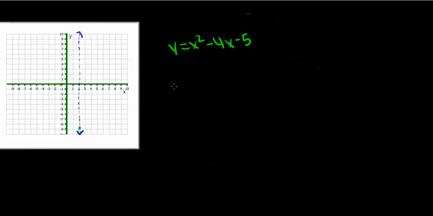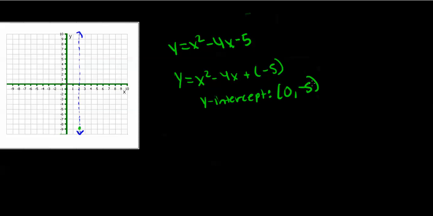We have a, which is 1, we have b, which is negative 4, and we have c, which is negative 5. C in this equation is the y-intercept. So the y-intercept is going to be negative 5. That means the graph passes through the point (0, negative 5). So we can go ahead and plot this point right now.